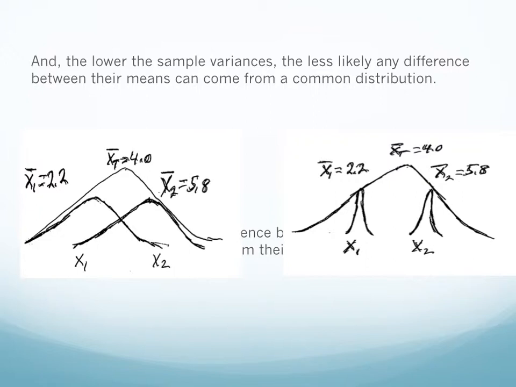So there's less variance in those populations, and it looks less likely that those populations would have been drawn from the common population with a mean of 4.0. So t-tests consider both the differences between the sample means and the deviations or the dispersion of points within their samples.